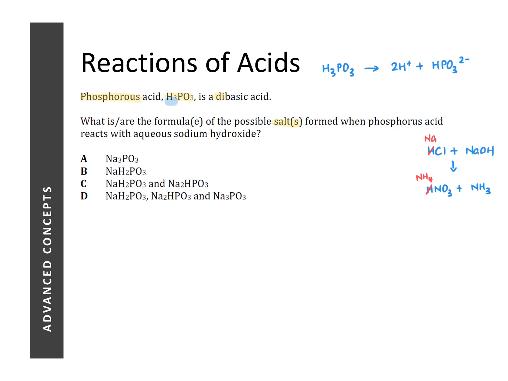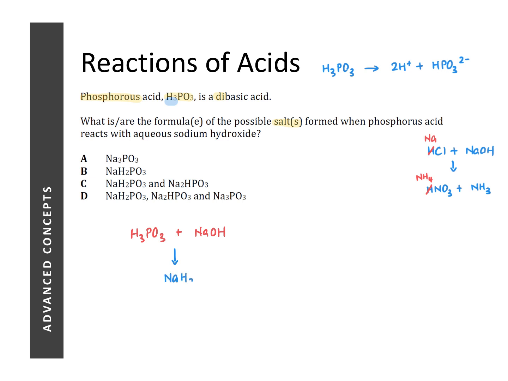So when phosphorus acid reacts with sodium hydroxide, since phosphorus acid is a dibasic acid, it means that there are two hydrogen ions in there that can be replaced by sodium ions. As earlier mentioned, the replacement of the hydrogen ions occurs one at a time. So the first salt that is formed would be obtained by replacing one of the hydrogen with sodium.